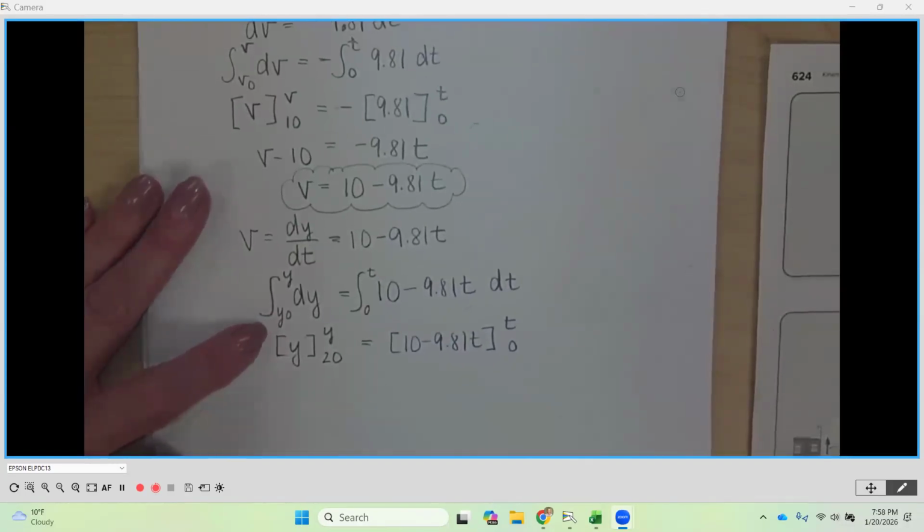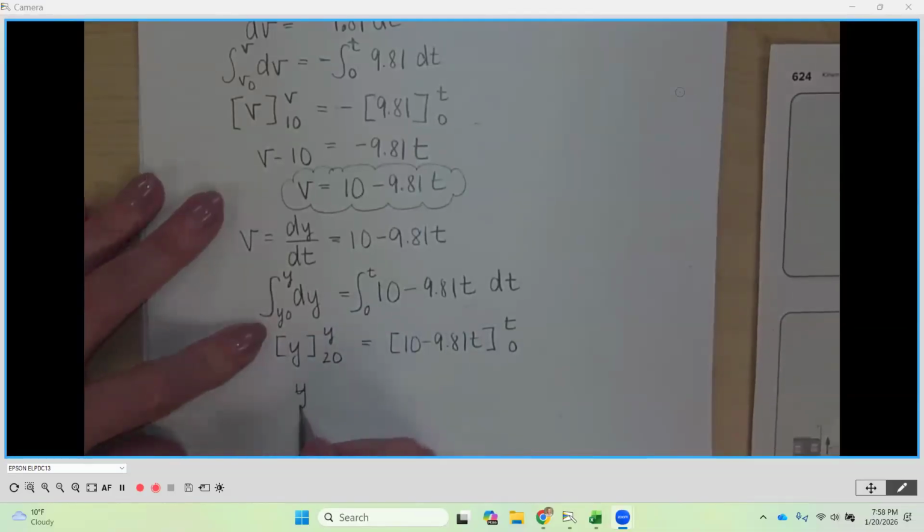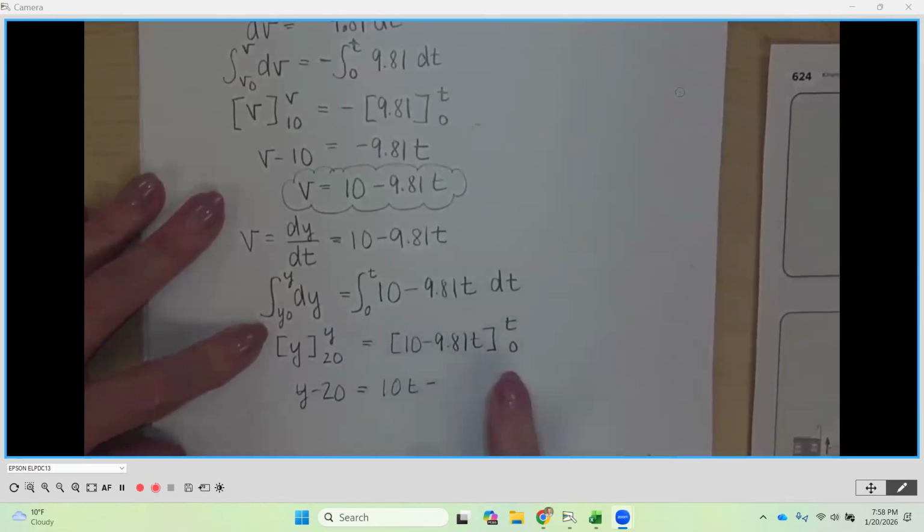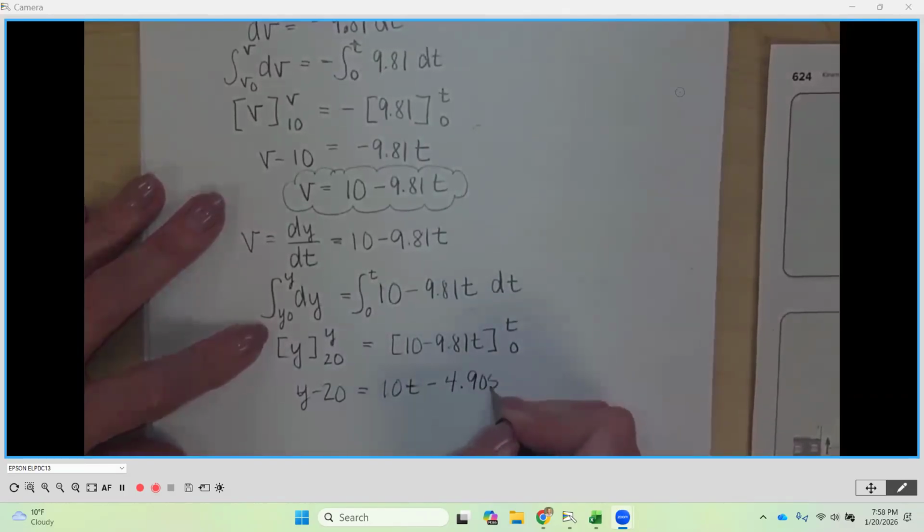So doing my integral, I'm going to get y minus 20 is equal to 10t minus, now I have to divide that in half because of the power, 4.905 t squared.